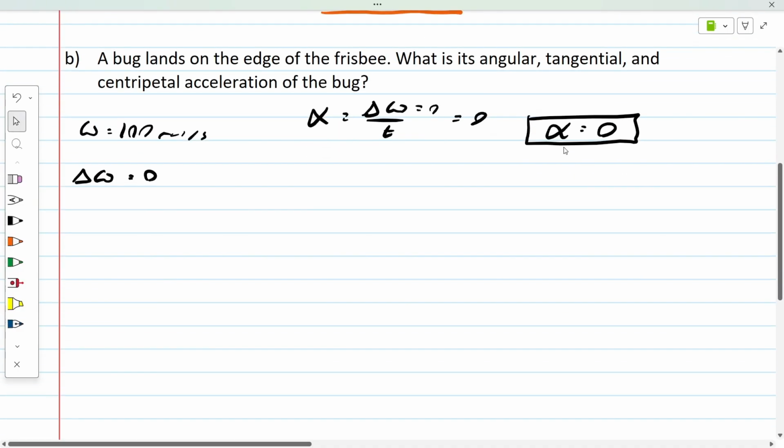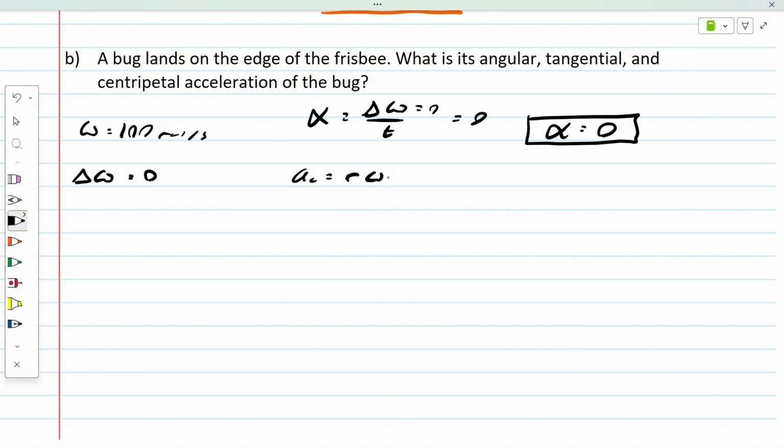And so the centripetal acceleration is equal to r omega squared. And so we have all these values, so we can go ahead and plug in the radius, which is 0.1, and the omega, which is 100, squared, and that's going to give us 1,000 meters per second squared, and that's our centripetal acceleration.